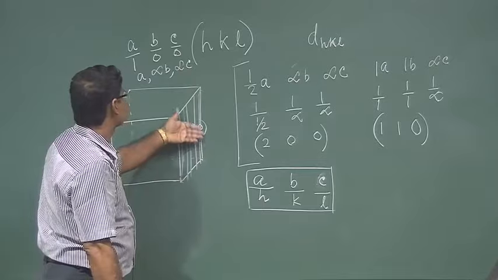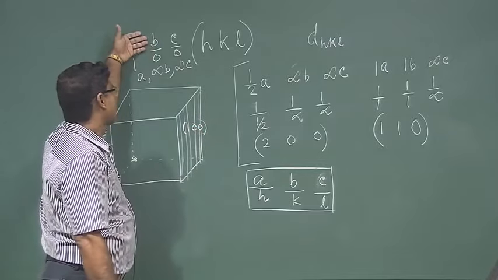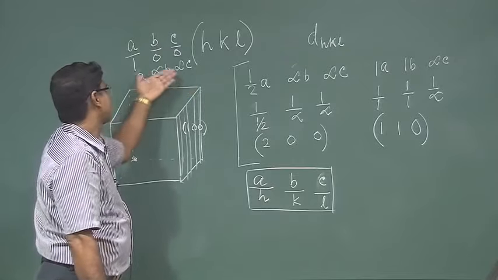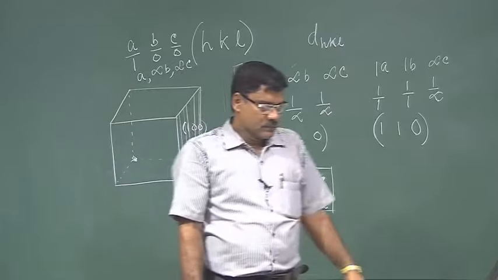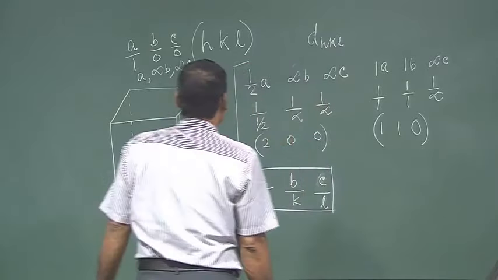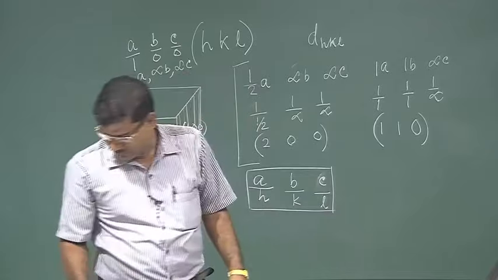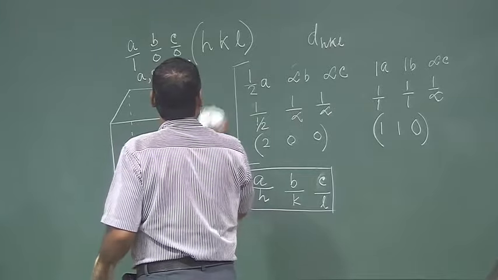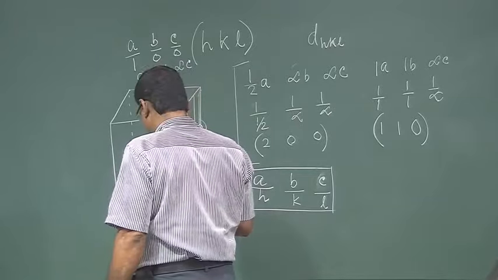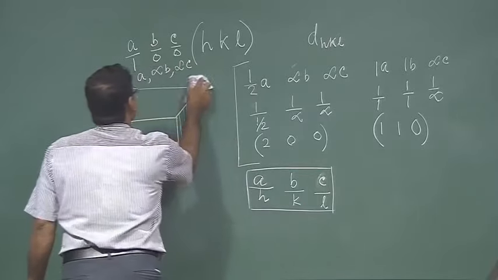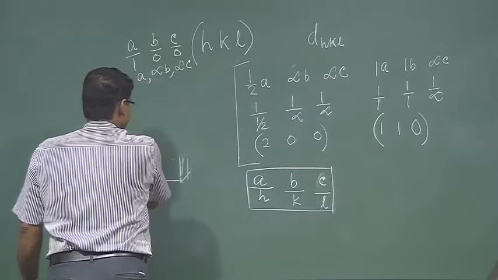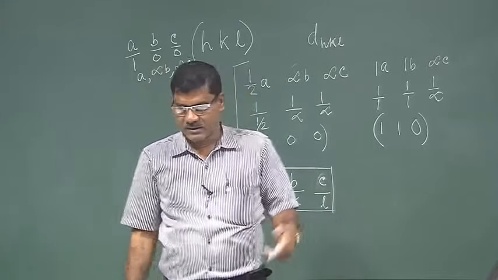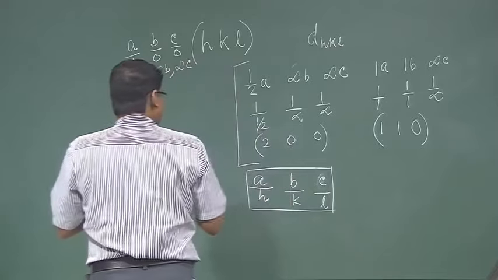Now, from the Miller indices itself we can find the intersecting point, intersecting length, and that is the same. So this way we can get the intersecting points on the axis from the Miller indices of the planes, and this I need to calculate basically the interplanar distance.